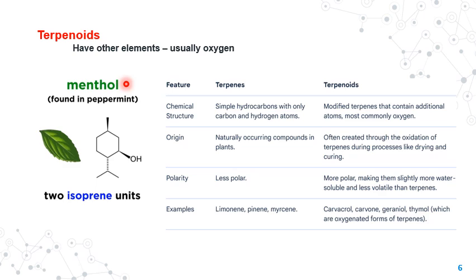But it's interesting to know that menthol, for example, is a derivative of 2 isoprene units. Everybody's familiar with menthol. What do you use menthol for? Anybody ever use menthol? Cough drops, yeah, they do have some menthol.